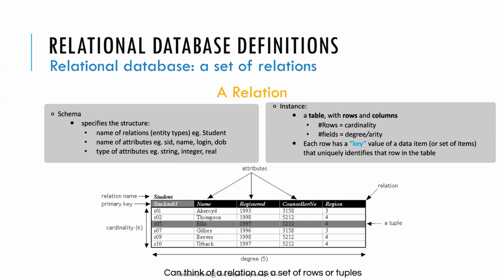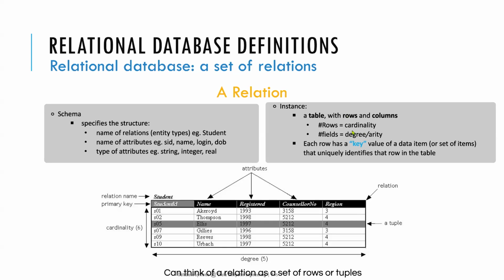So now, once you have the data in it, you will have the instance. So if I talk about the instance, it's actually the rows and columns of the data within the table.